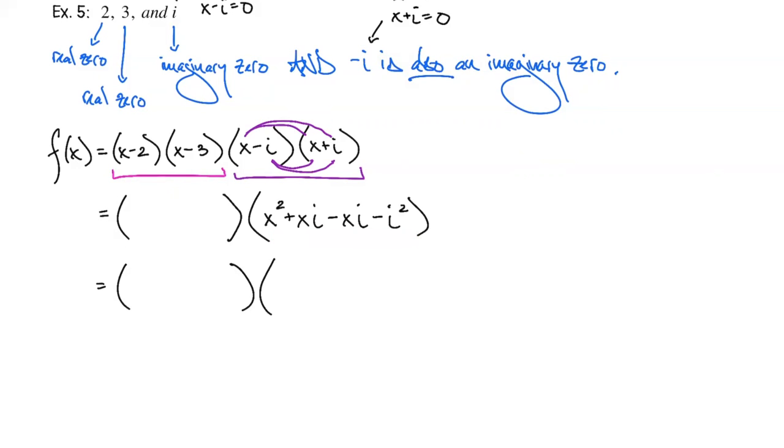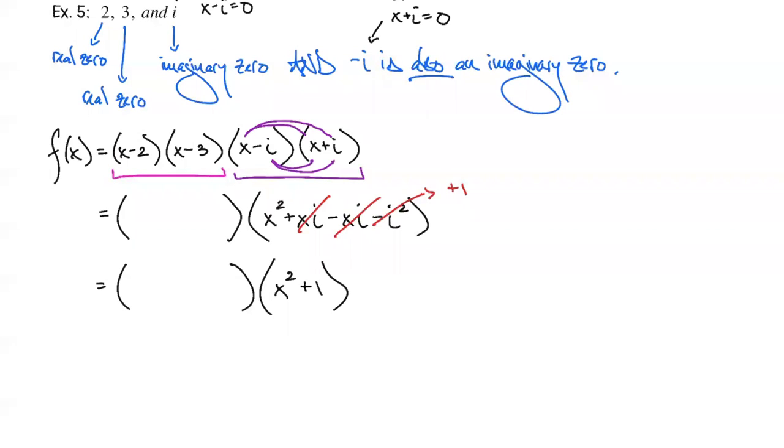What stays? What combines? What goes away? The xi's go away, and then the negative i squared becomes plus 1. Good, good, good. All right. So really, this becomes x squared plus 1.